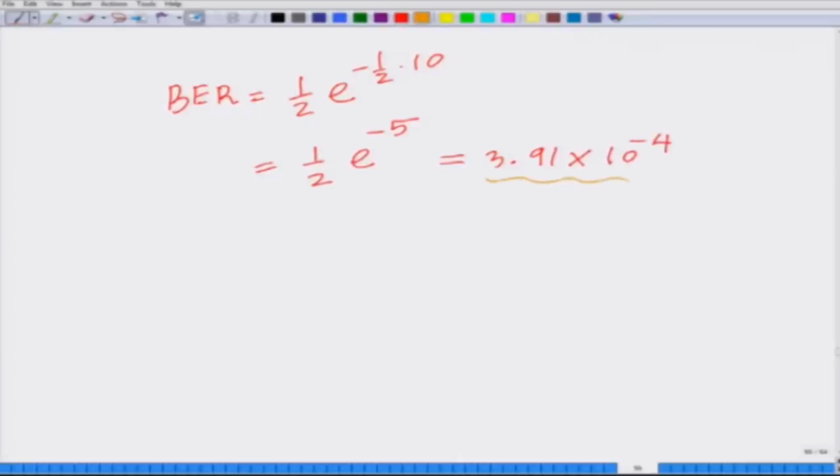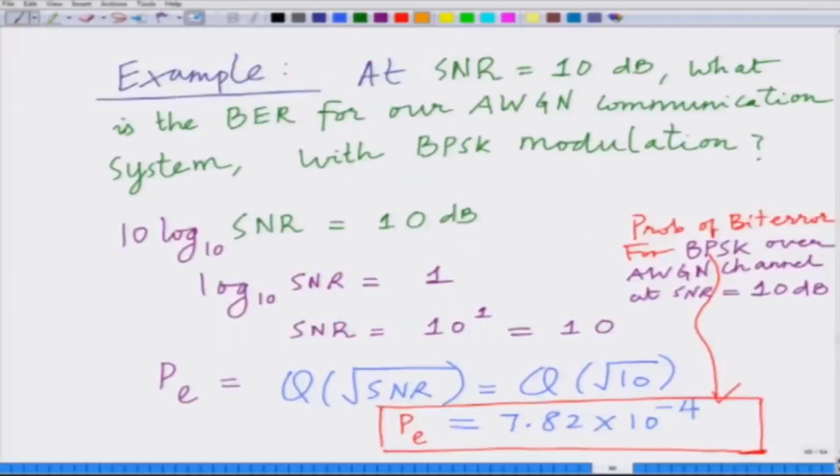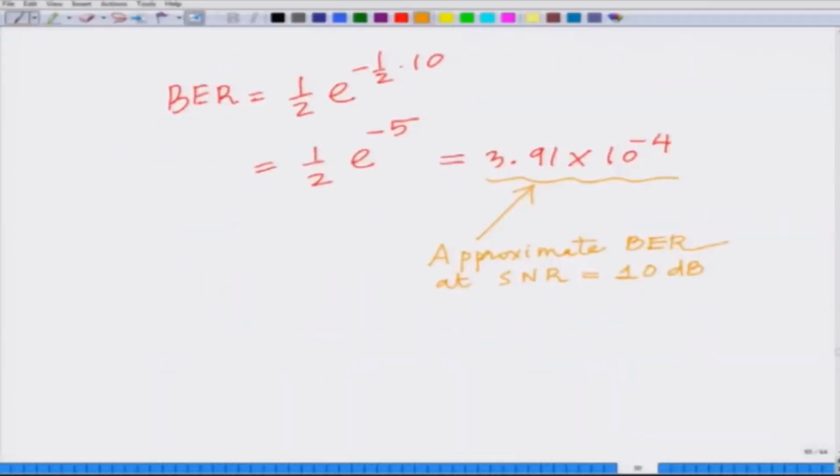This is the approximate bit error rate at 10 dB SNR, and you can see this is fairly close to the exact value that we calculated, which is 7.82 into 10 power minus 4.